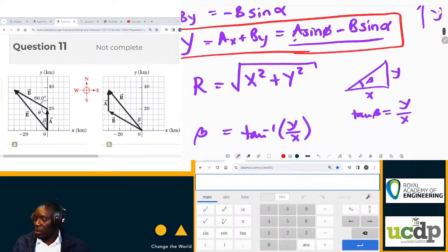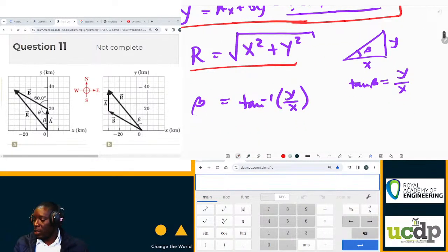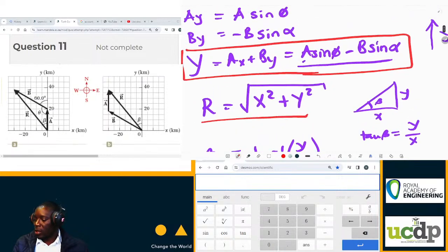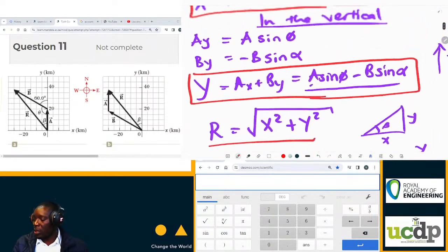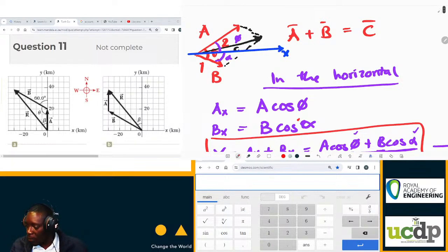So once we have those, we resolve to the Pythagoras theorem, where we get the resultant and the angle the resultant makes with the horizontal. So that angle will be this one. This will be the angle beta. So we have found the magnitude and direction of the resultant vector by so doing.